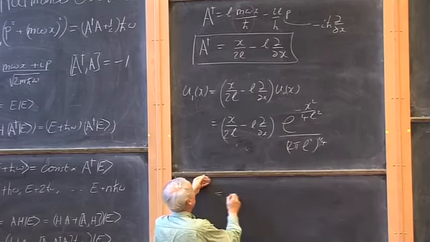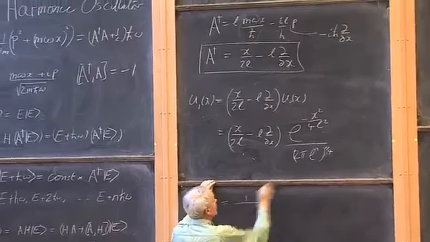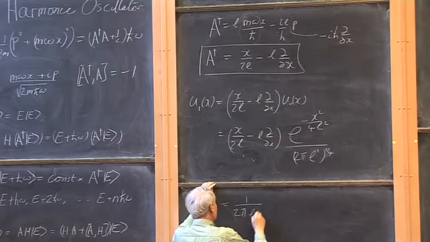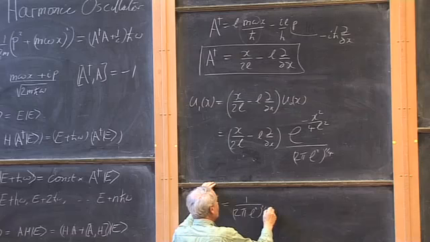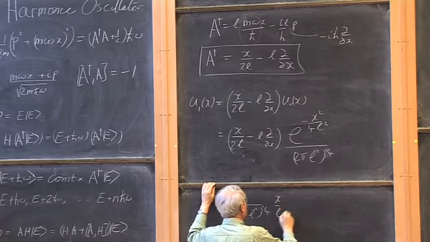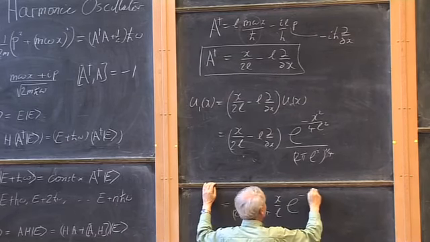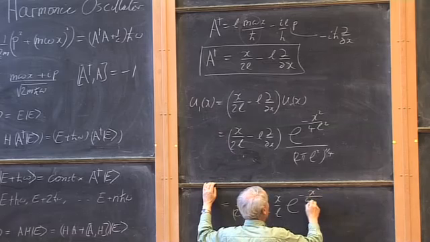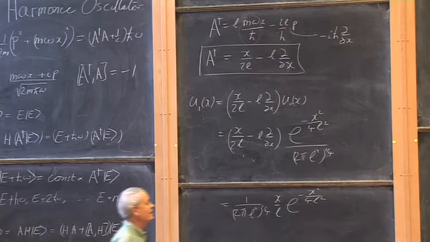So the whole thing at the end of the day is 1 over 2 pi L squared to the 1/4 power, times x over L, times e to the minus x squared over 4L squared. That's the first excited state wave function.